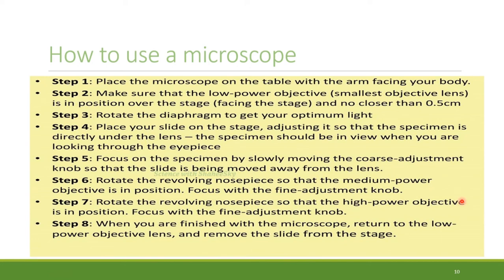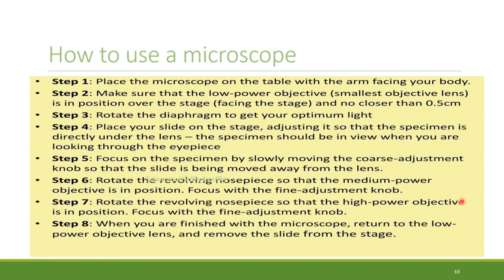Next, rotate the diaphragm to get your optimum light. After that, place your slide on the stage, adjusting it so that the specimen is directly under the lenses. The specimen should be in view when you are looking through the eyepiece.